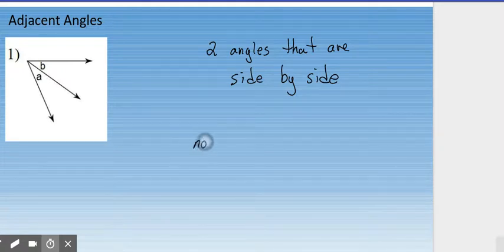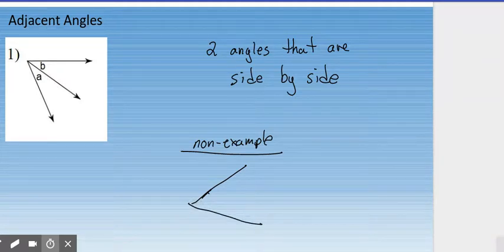Like a non-example, that could look similar. We could say that angle 1 here, or angle A, and one that sometimes gets confusing is angle A, which is this little one right here, and angle BAC.